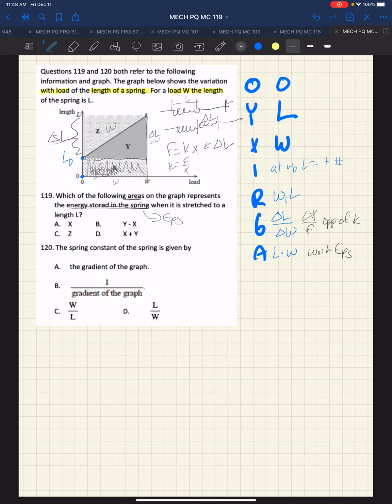Now let's imagine this graph. It seems a little bit odd that would be the case. Let's imagine that the length of the spring is only stretched to there. That means that the curve would look like this under that weight.